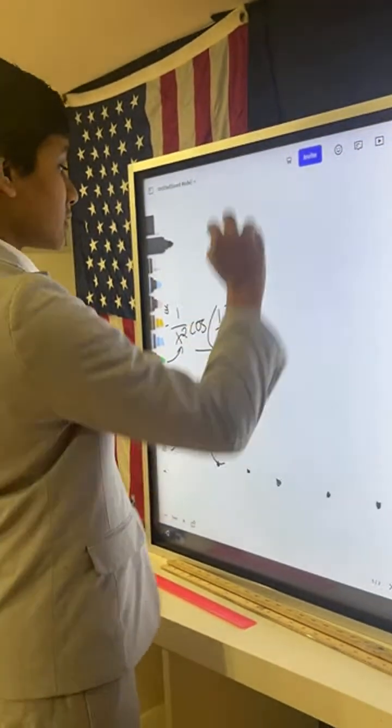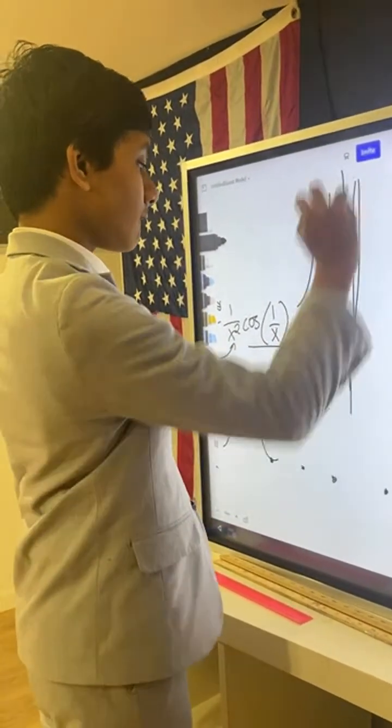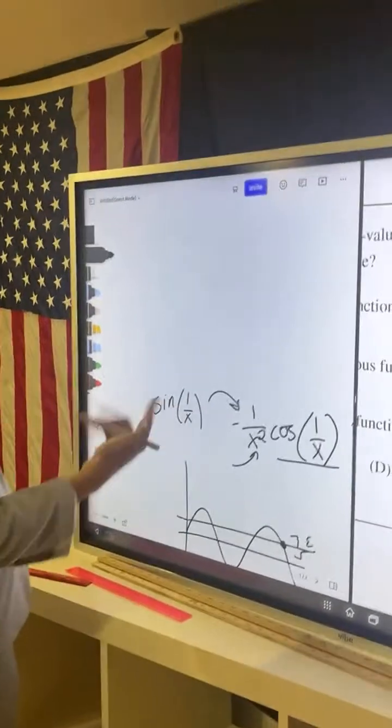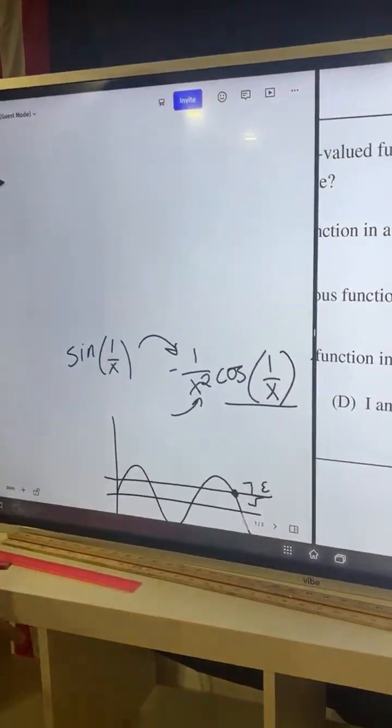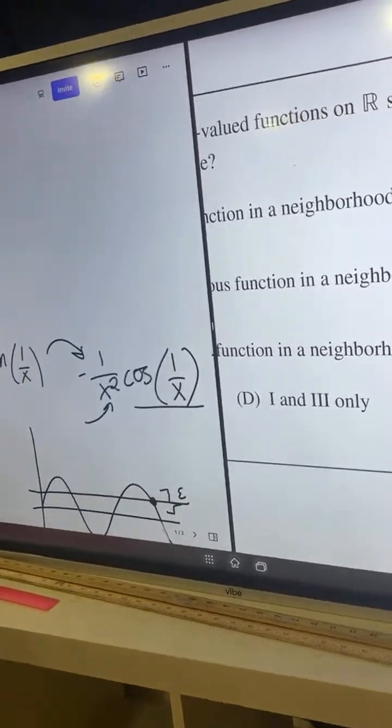So, it's going to look something like this. So, as x approaches 0, this function is going to go bonkers.